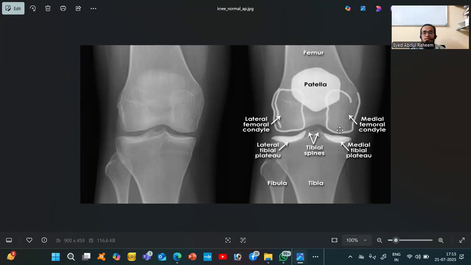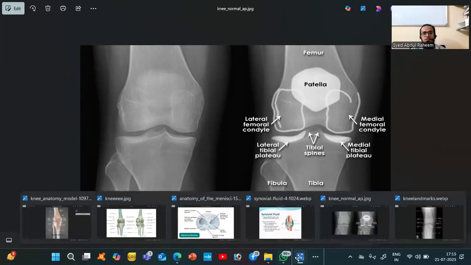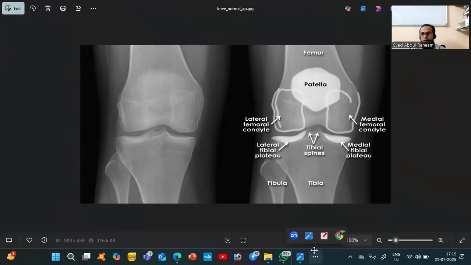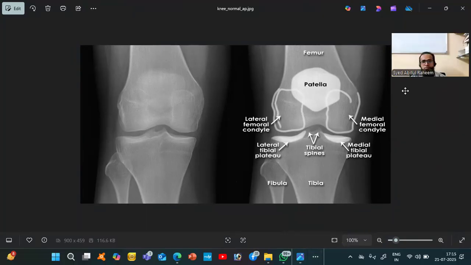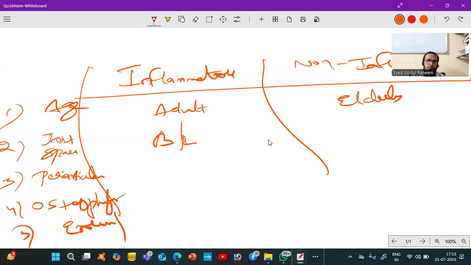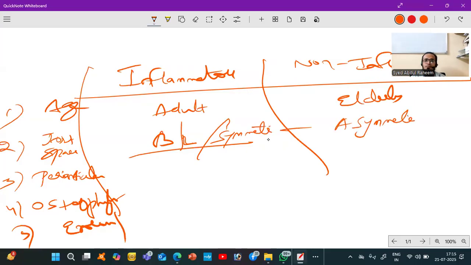Both sides means it is inflammatory. So this is the thing we have to remember. Bilateral, it is symmetric. Degenerative is asymmetric, one side. Non-inflammatory because of weight bearing joints. So mostly knee joint and pelvic joint are affected on one side, mostly the medial side or lateral side.